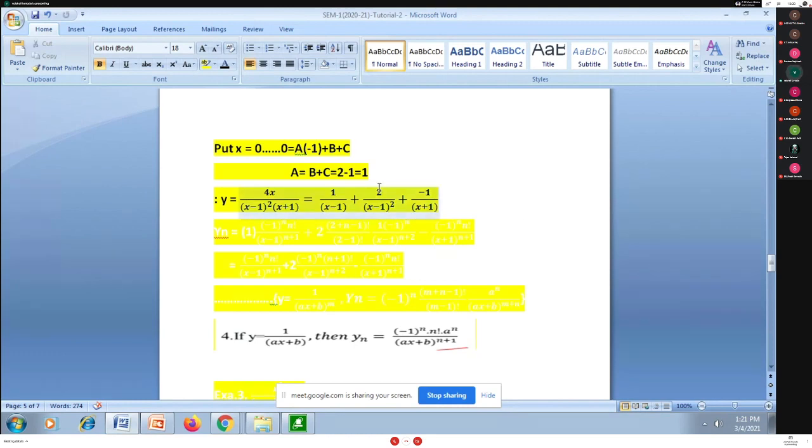Why? Because only first and third term are in the form of 1 upon x plus b, and the second term is not in the form of 1 upon x plus b.